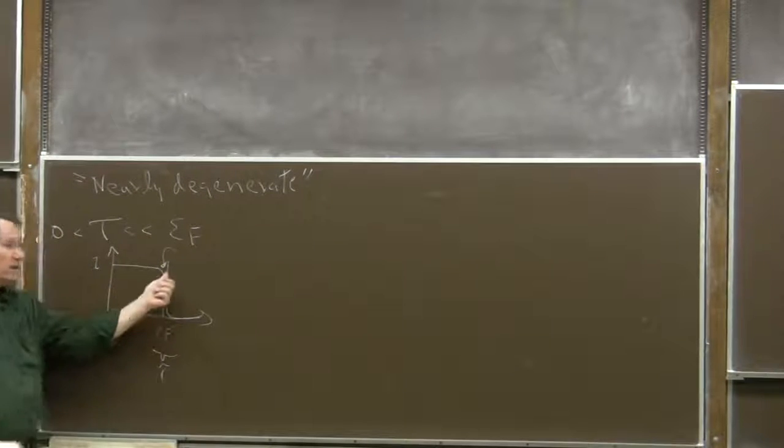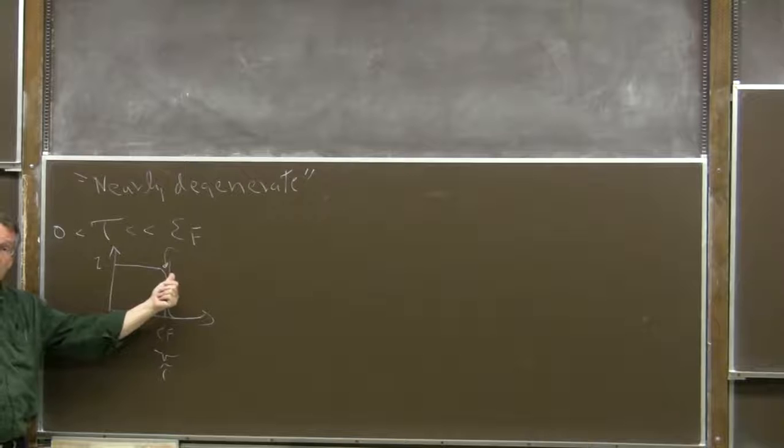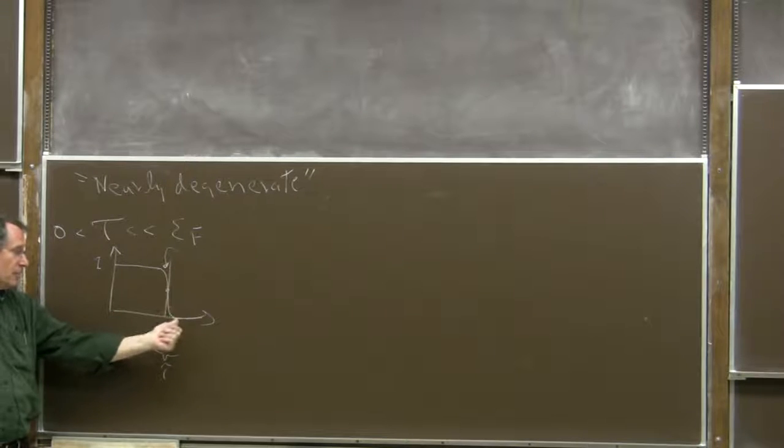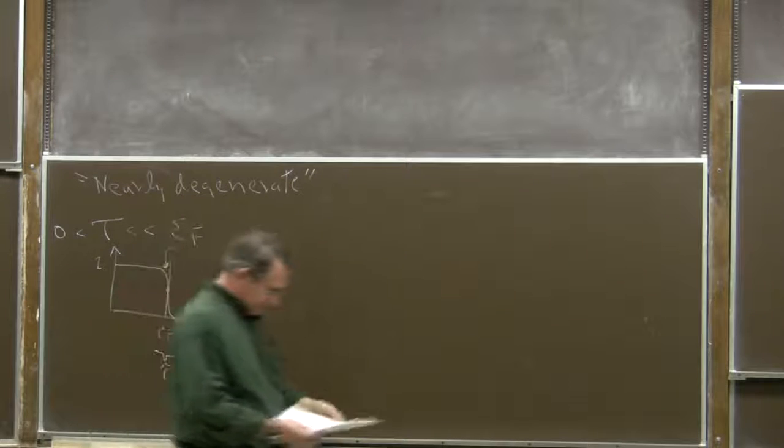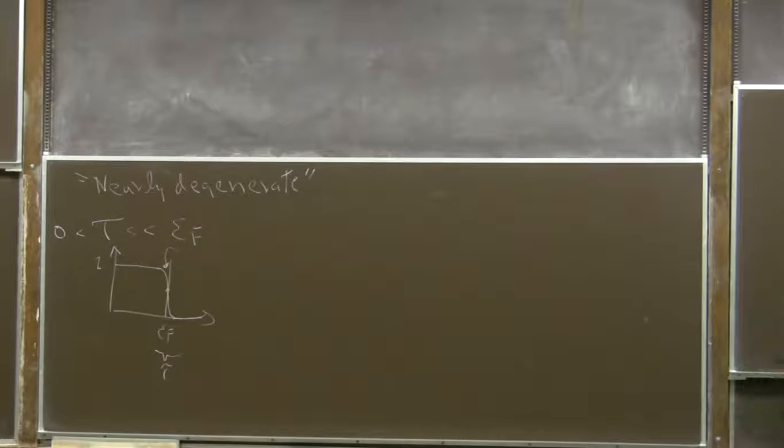Now, thermally, we can excite some particles that are just below the Fermi energy, pushing them up to just above the Fermi energy, and we get this rounded distribution. Just above and just below means by about an energy equal to the temperature.